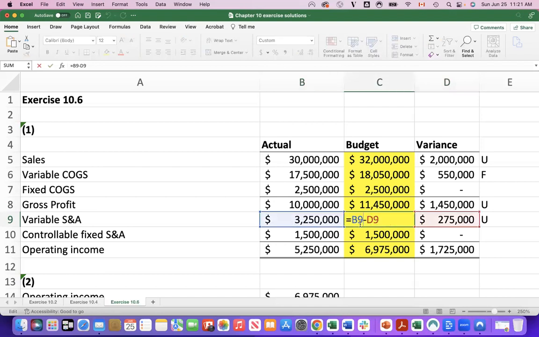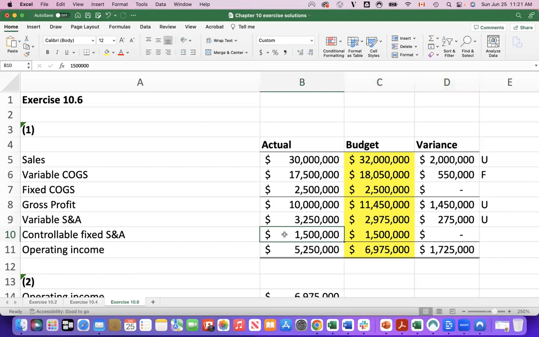Hence, the budgeted is the difference between the actual variable selling and admin and the variance amount. So we must have budgeted 2,975,000 in variable selling and administrative expenses. The controllable fixed selling and admin, there was no variance. They actually incurred 1.5 million, so that must also be the budgeted amount.